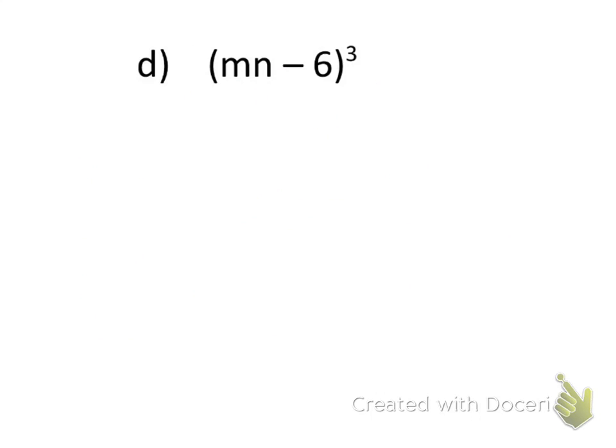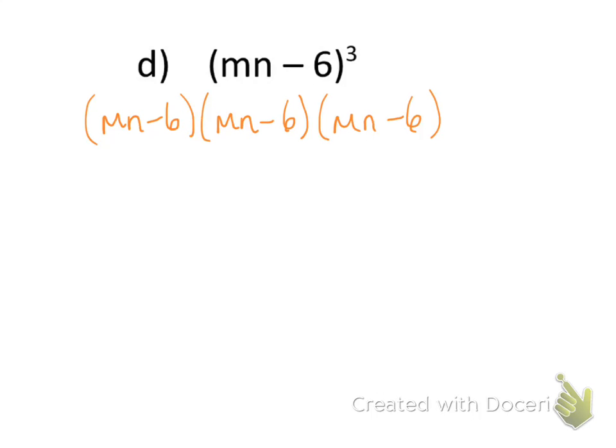This last one's a little bit tricky. I really would like to challenge you to pause the video and do this on your own. You do have to write out 3 sets of parentheses, and you need to multiply the first 2 sets of parentheses together first. So go ahead and pause the video, and I'm going to just kind of cruise through this.